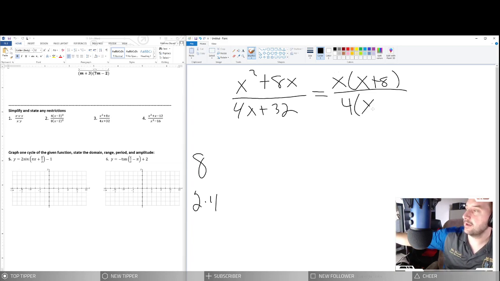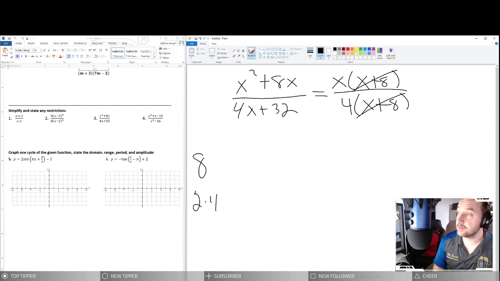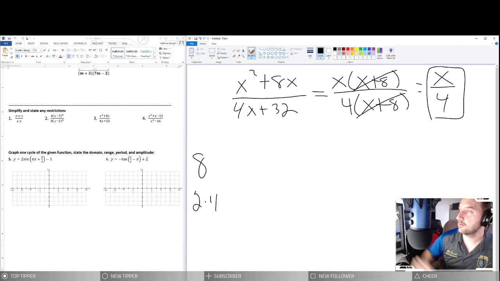And so we have x plus 8. And so we have an x plus 8 that's the same factor on both the numerator and the denominator. And so those are going to reduce. And so I'm going to be left with x over 4.